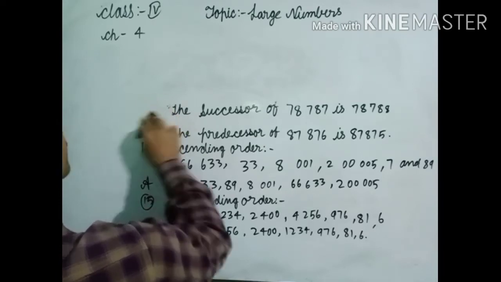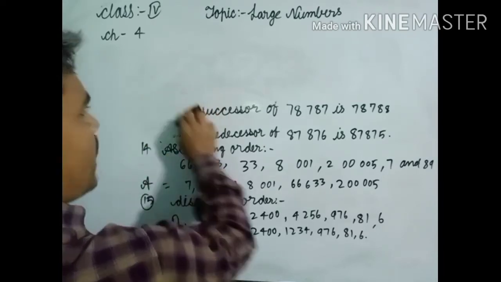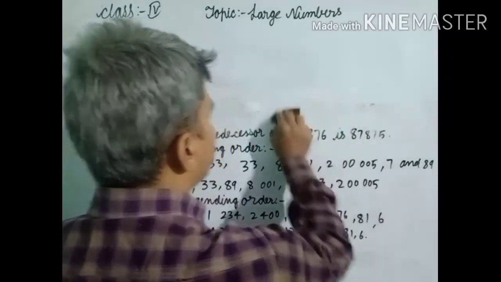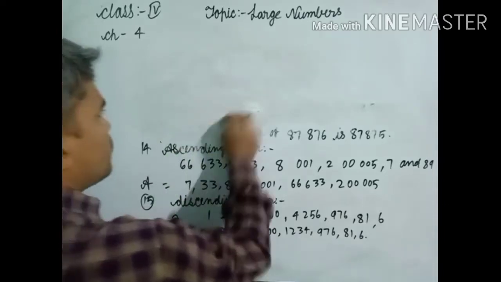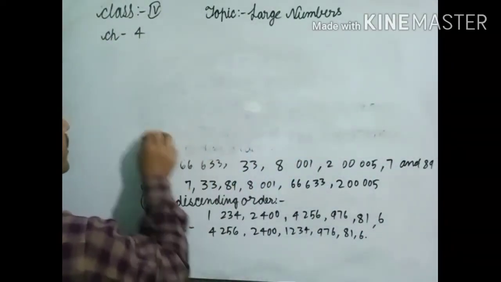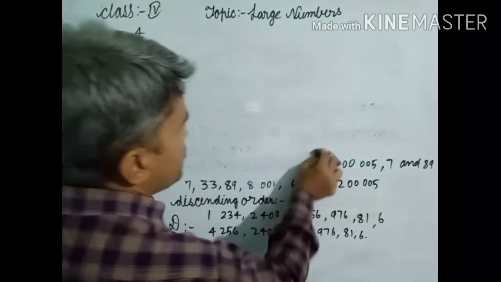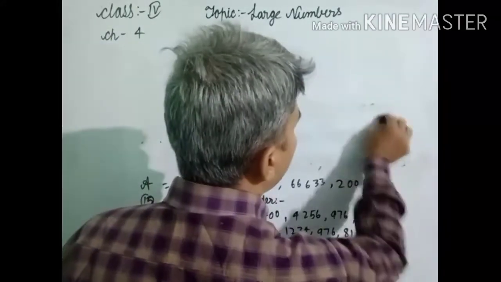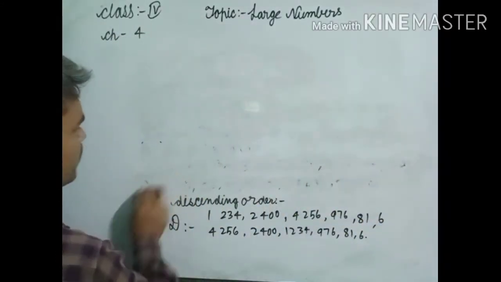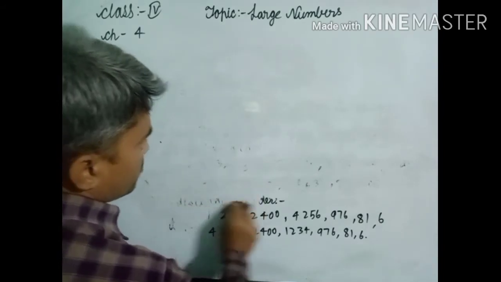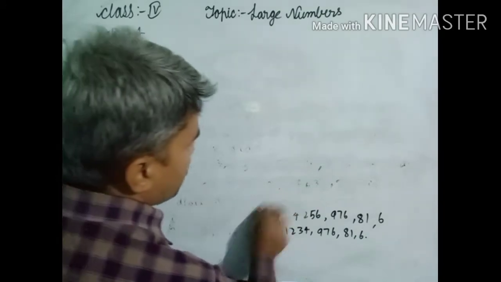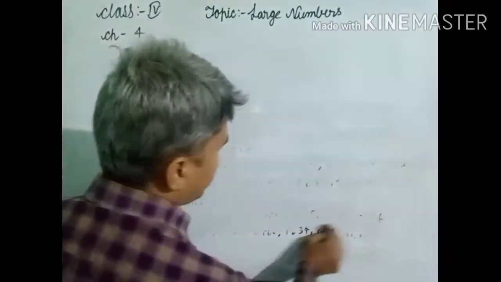We discussed successors: successor means plus 1, predecessor means minus 1. In this way, you find the successor and predecessor, coming just after and just before. Coming just before is minus 1 and coming just after is plus 1. This is the form of successors and predecessors.